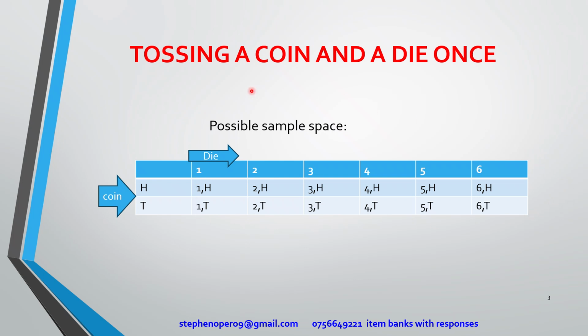So this is something to do with random tossing. You can't define a formula saying that it will always have a 4 and a tail. So all these are possible outcomes and it does not mean you are tossing it 12 times.